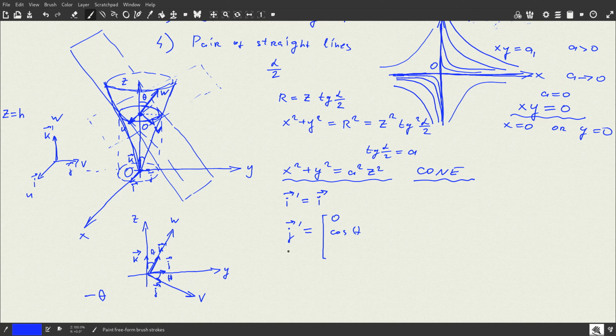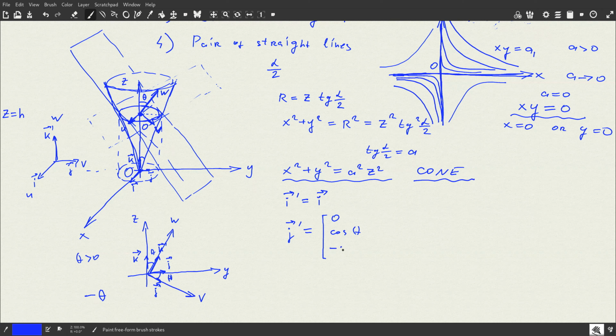Okay, and what is its projection to z? Obviously, it is negative. It is minus sine theta. Let's say theta is greater than 0, but the angle is minus theta.